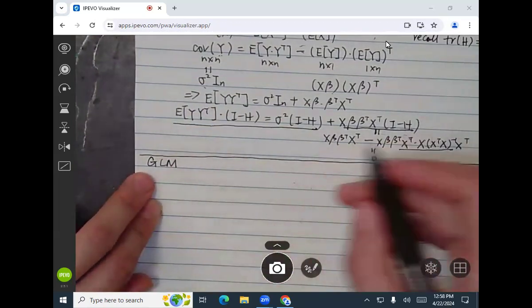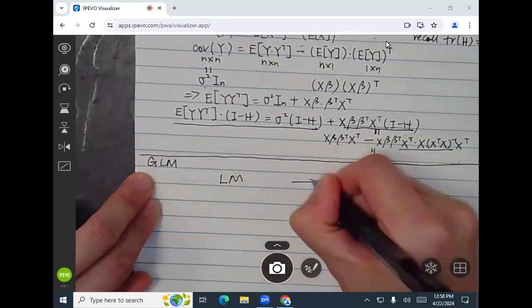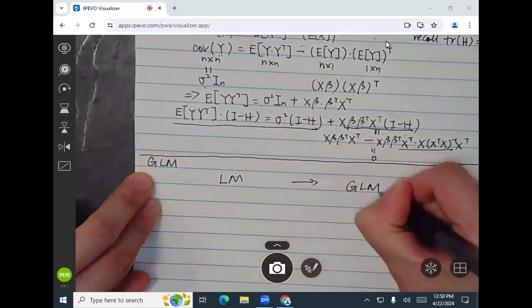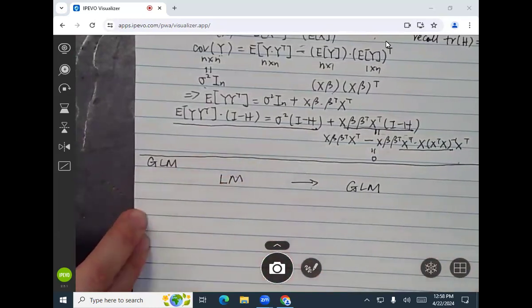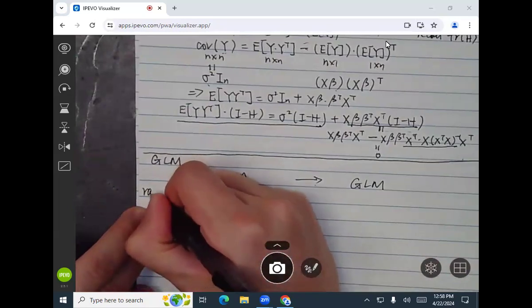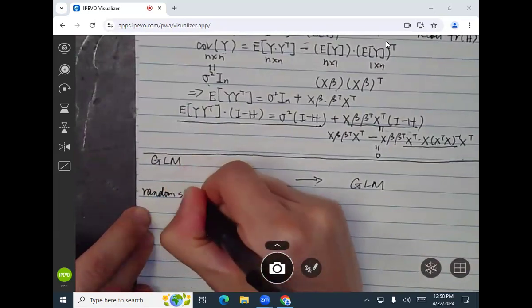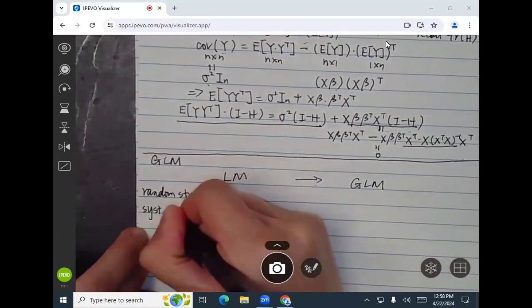All right. So when we go from the linear model to the generalized linear model, what we change is in the two layers of our model. Recall that we use this random structure and systematic structure to describe a model.